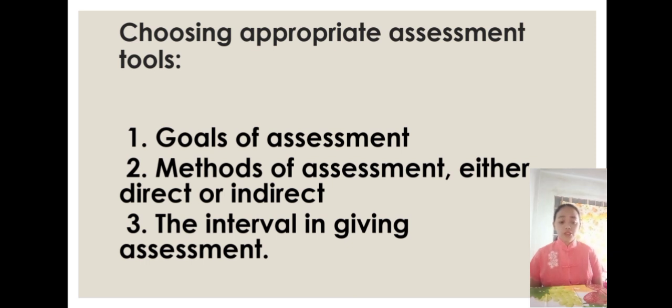Methods of assessment can be categorized as direct or indirect, depending on how they measure student learning. Direct assessment methods involve evaluating actual student work or performance to provide concrete evidence of learning.